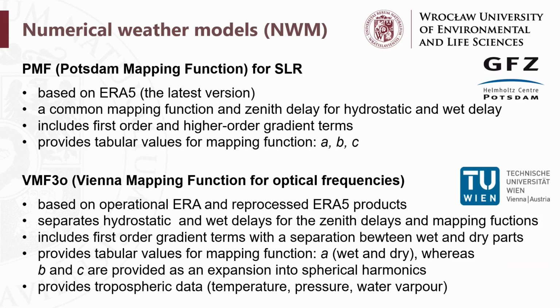And it was already shown today that we have different products that can be used to account for the horizontal gradients, but not only for the gradients, but also for the mapping functions and for the zenith delays. So there is the Potsdam mapping function generated by GFZ, and also the Vienna mapping function for optical frequencies generated by the Technical University in Vienna.